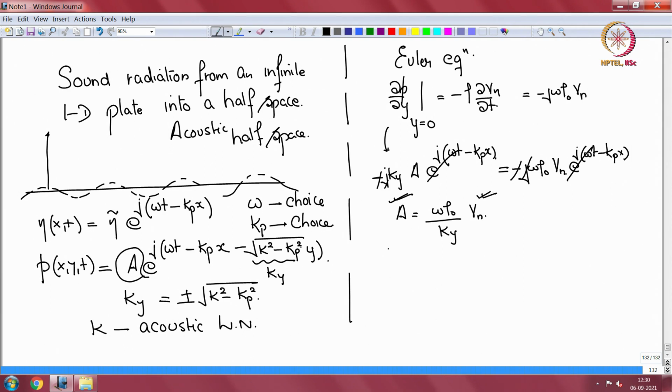So if I divide A by Vn, I get omega rho 0 by ky, and ky carries a plus minus sign. So I will put a plus minus here.